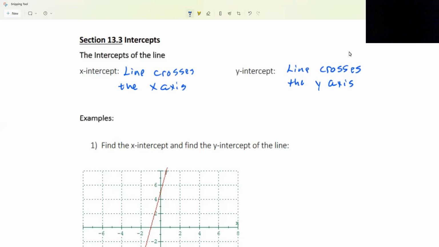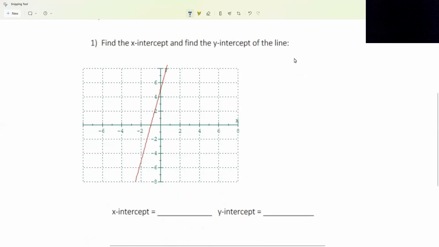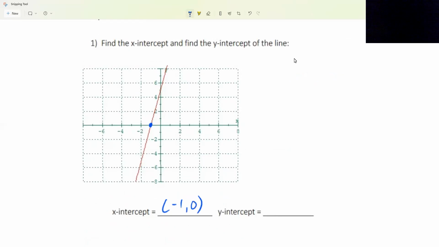So when you look at this line here on this graph, it's crossing the x-axis right here. So the x-intercept there is going to be -1 and 0. Remember, y is 0 along the x-axis. For any point along this x-axis, y is going to be 0.